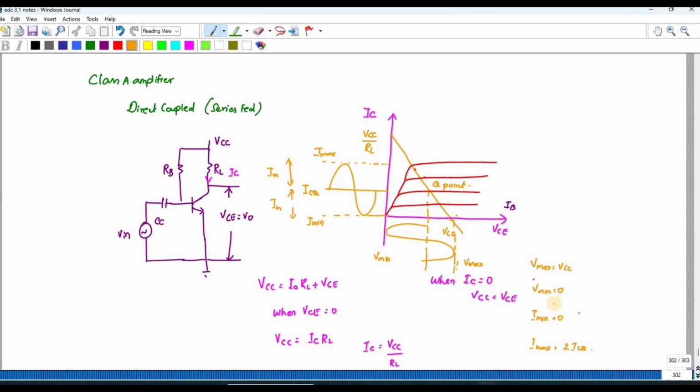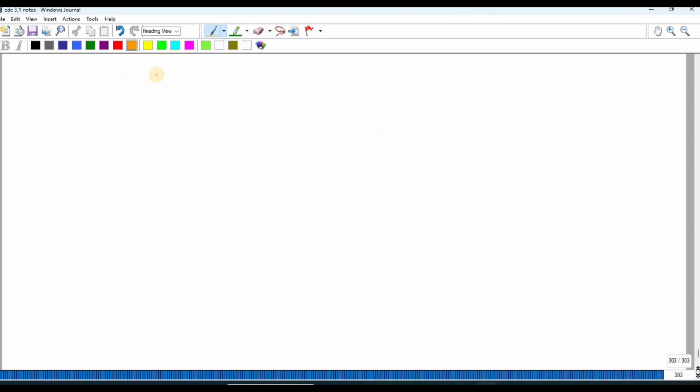So I can write PDC equal to VCC into ICQ, and PAC equal to VRMS into IRMS. I can write this as Vm by root 2 into Im by root 2, which is nothing but Vm Im divided by 2.